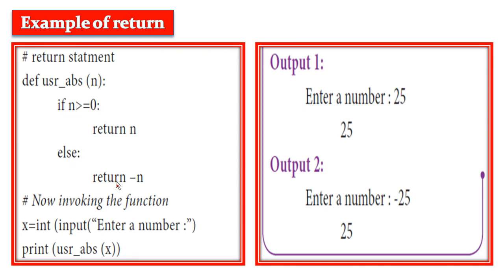So finally we get the answer minus of minus 25, that is also 25. So whether we give plus 25 or minus 25, we will get the final answer 25 only. So this is the modulus value of plus or minus 25.